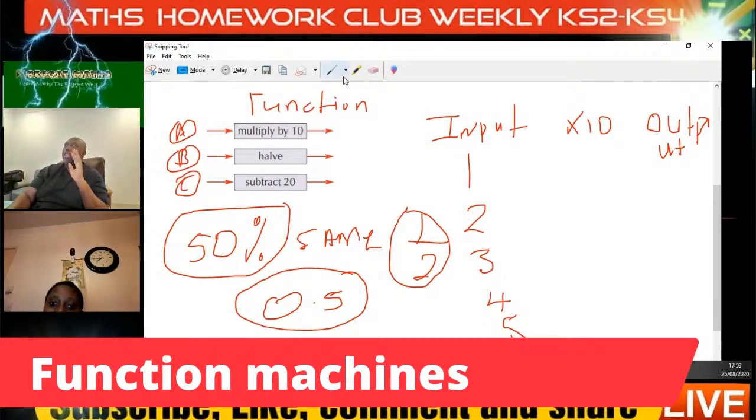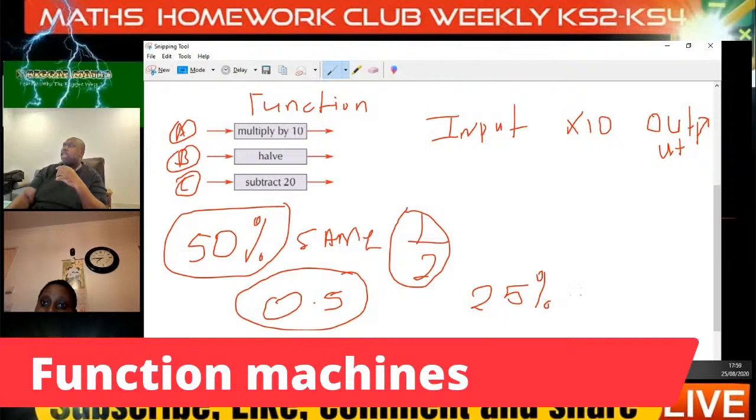Let's add this as an extra. This is known as equivalent fraction, percentage, and decimal. Write this down. 25% is the same as a quarter, which is the same as 0.25.